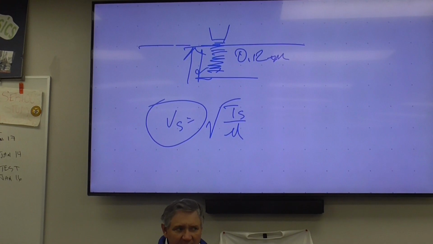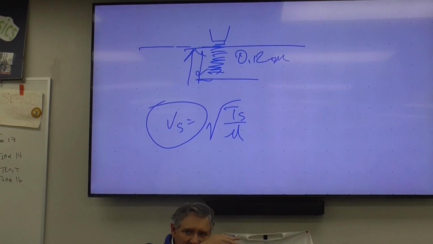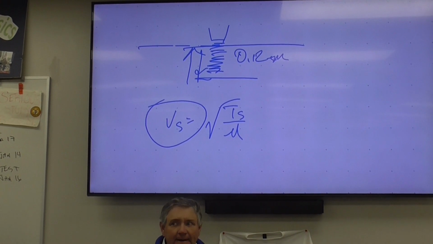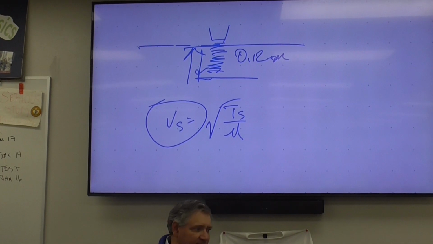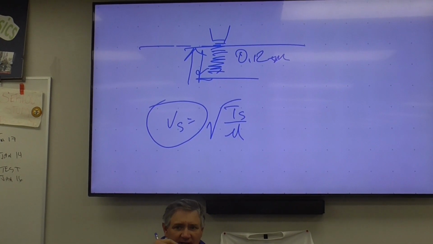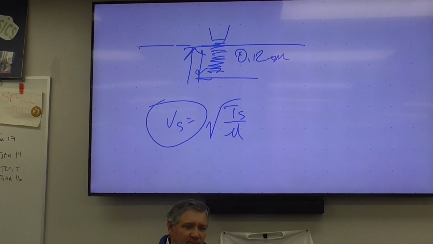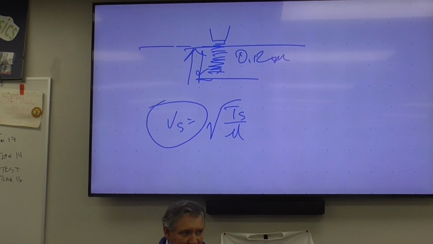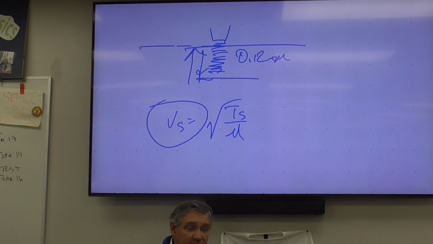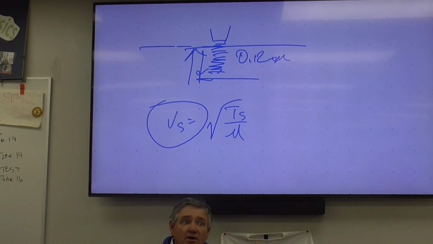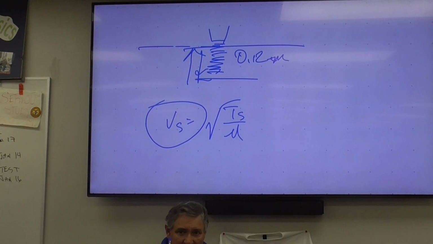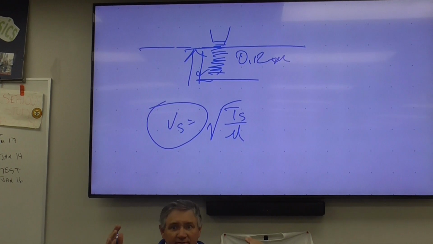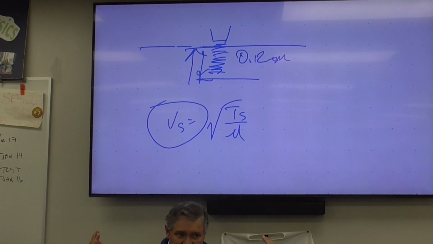That is how fast something is traveling along a string, okay? So if I take that banjo and I hit different chords, that speed is gonna travel different values on the string itself. But once it turns into sound, it's all gonna travel at 343 meters per second.